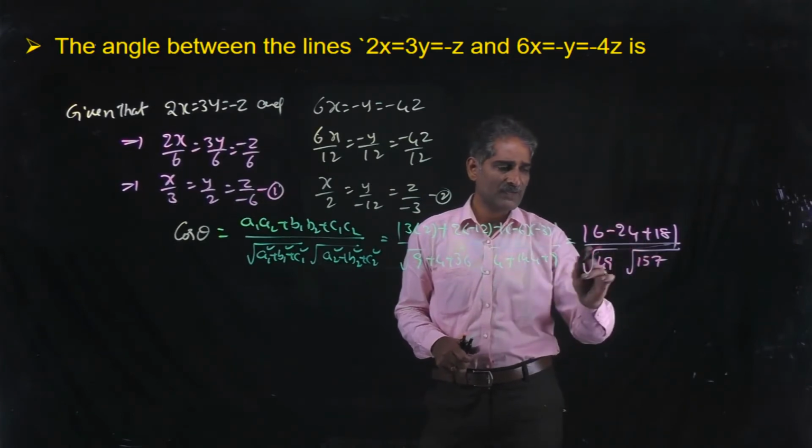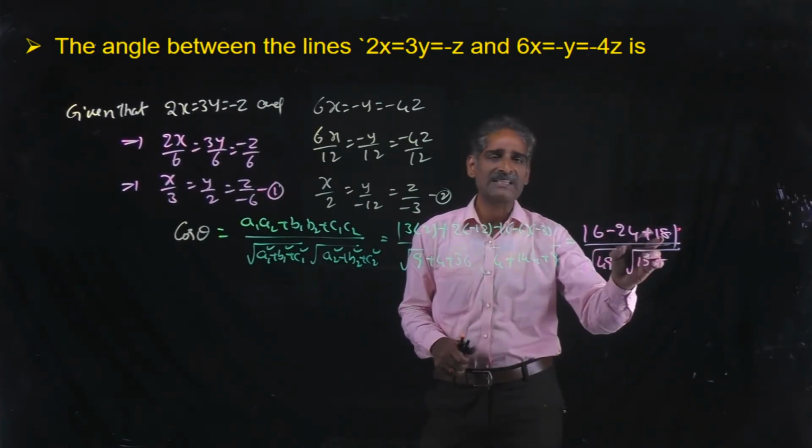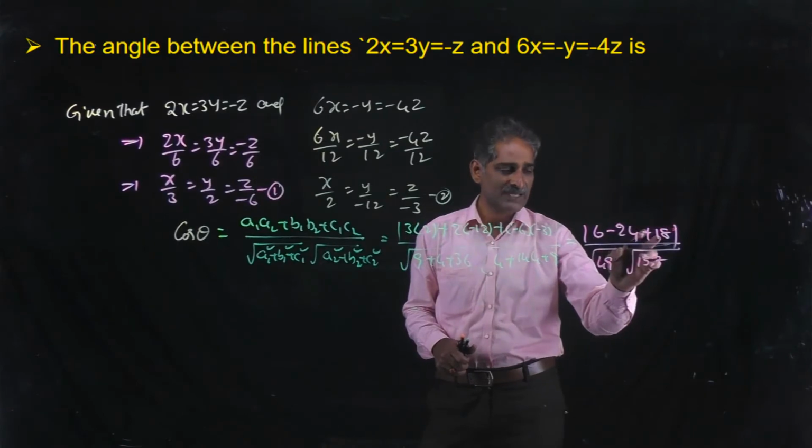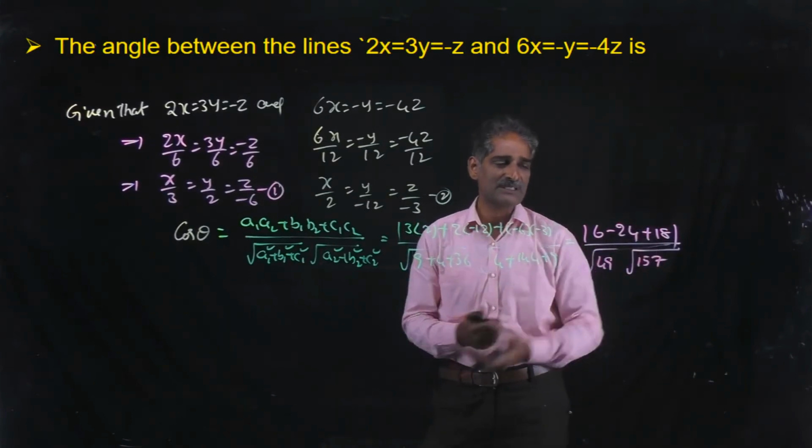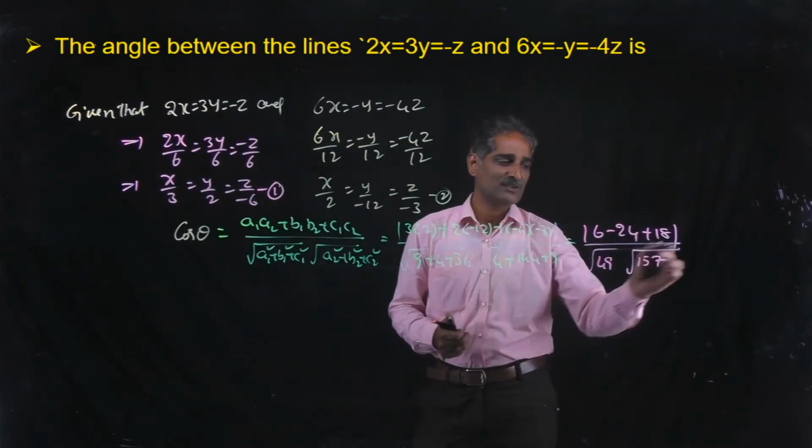So the numerator value is 6 minus 24 plus 18, the minus 6 and plus 6 will get cancelled. So this is equal to 0.